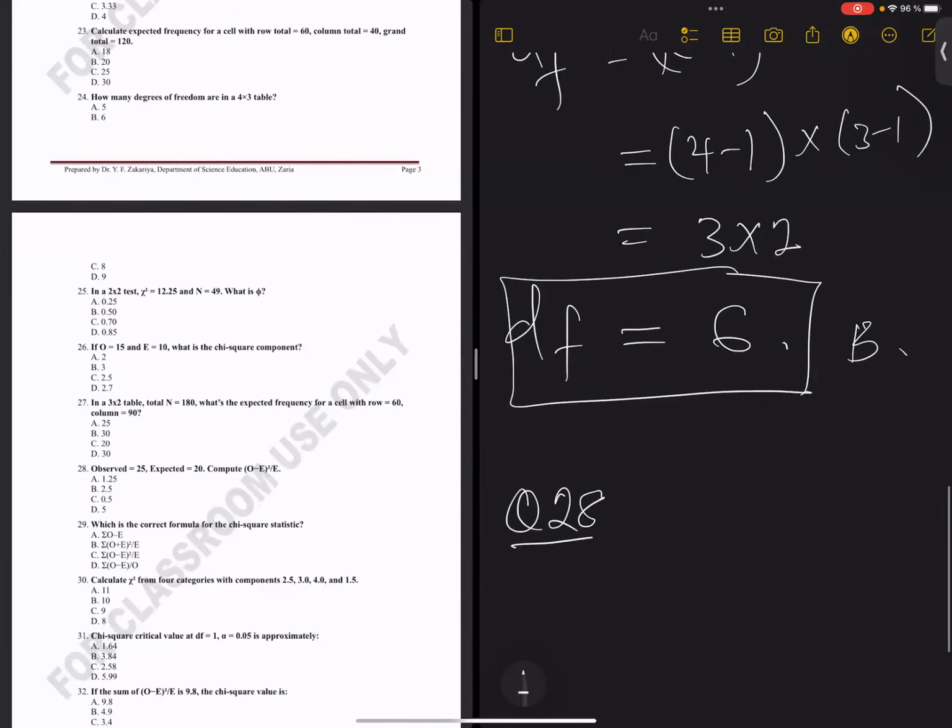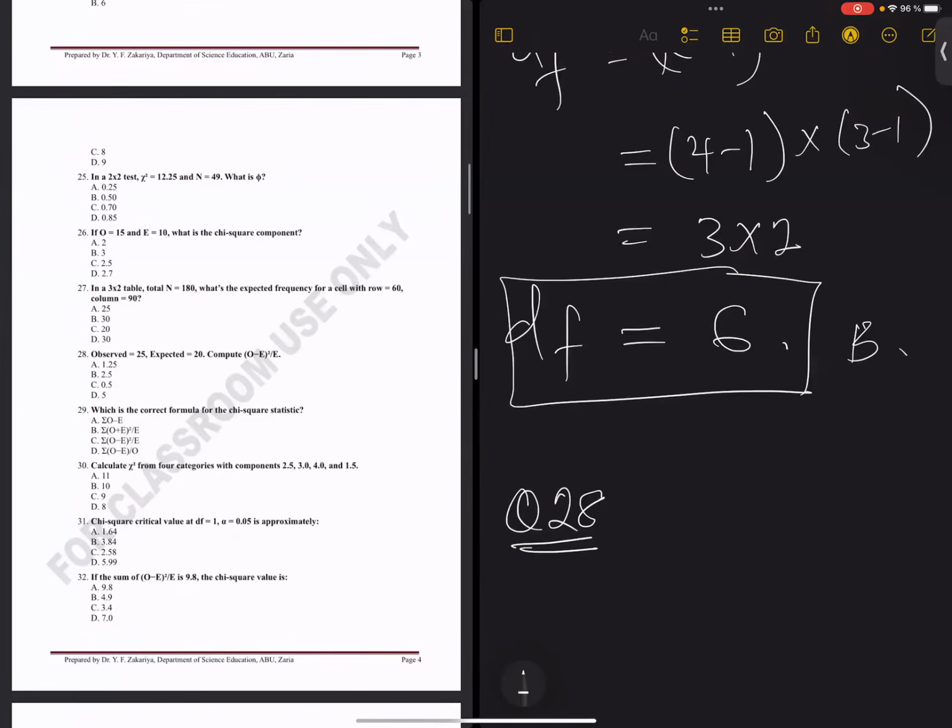That is question 28. Question 28 says, observed frequency is 25, expected frequency is 20, compute O minus E squared divided by E. What a simple question. O is given to be 25, E is given to be 20.